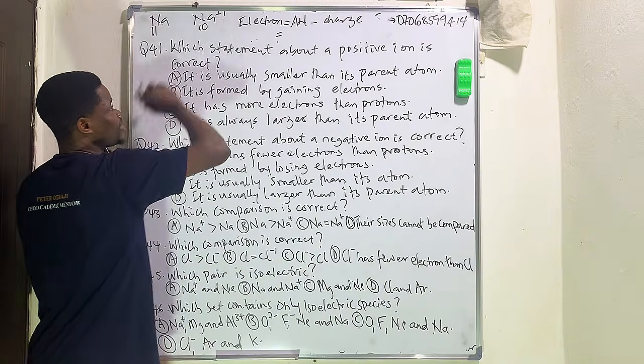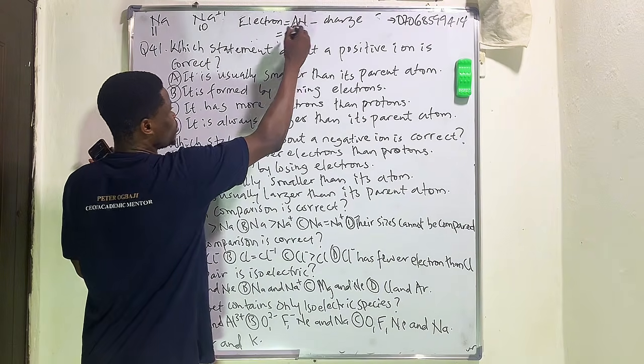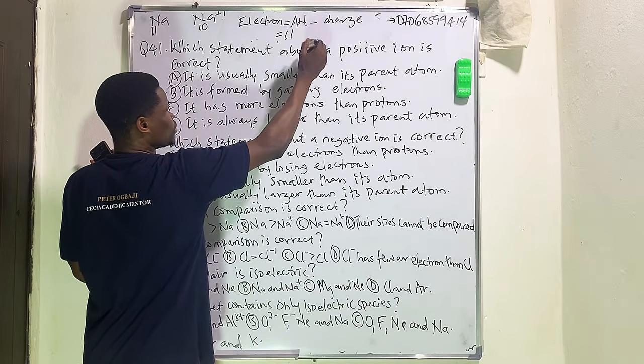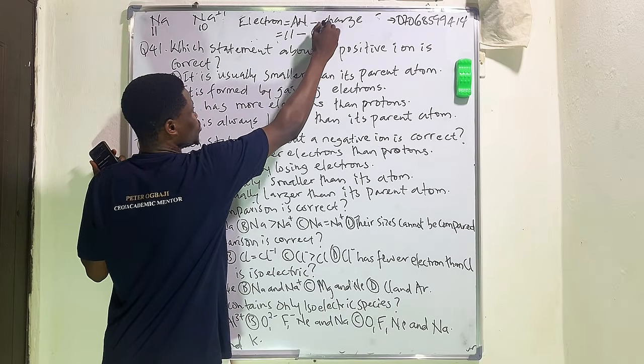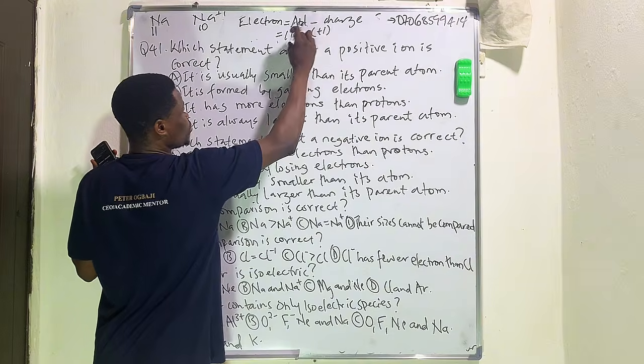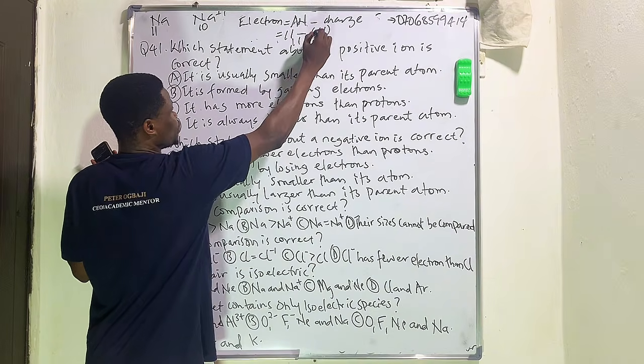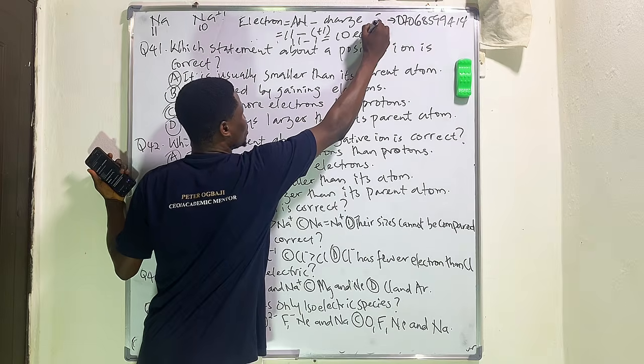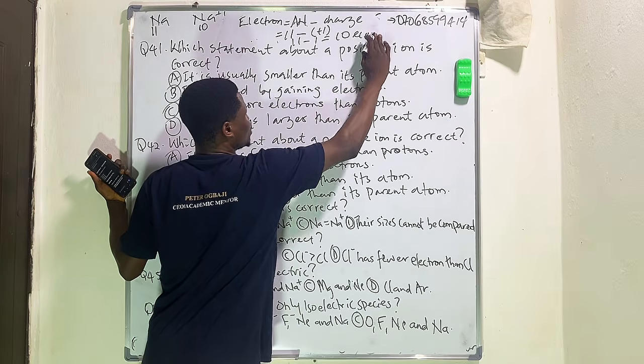Sodium has a charge of +1. The atomic number of sodium is 11. So 11 minus (+1) becomes 11 minus 1, which is equal to what? 10 electrons.